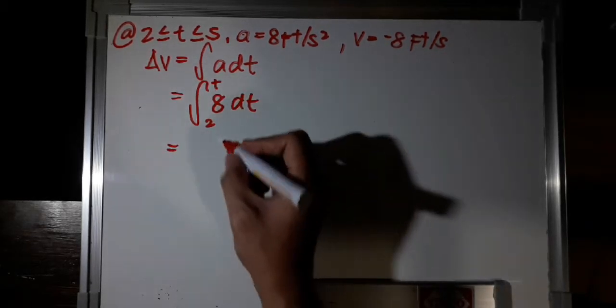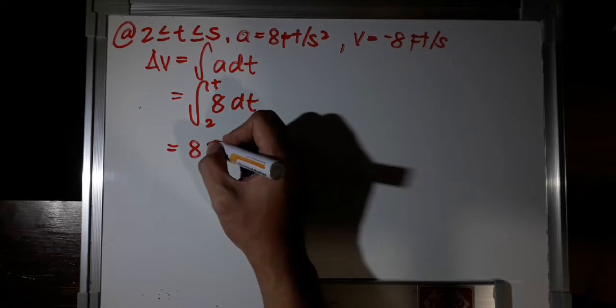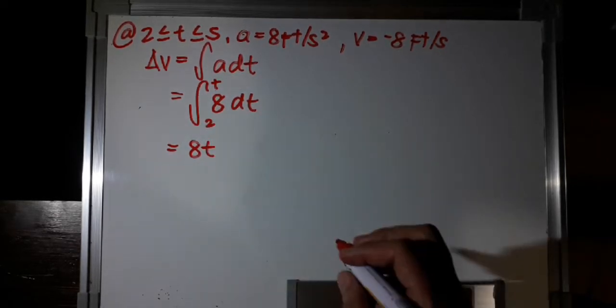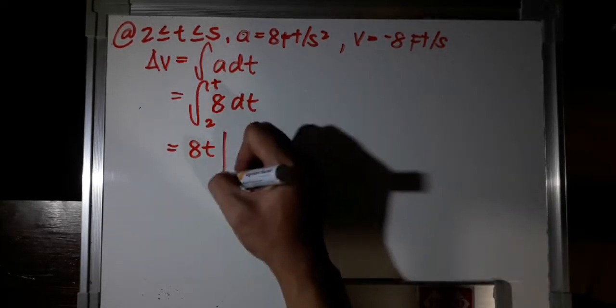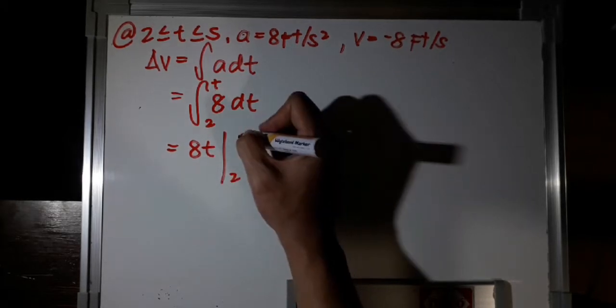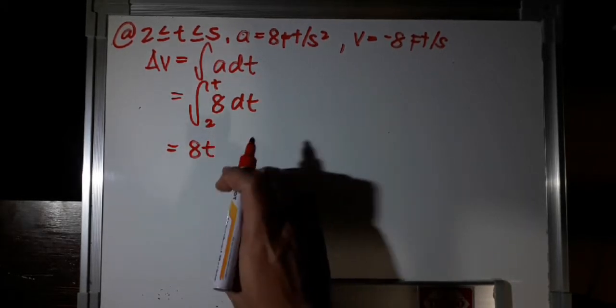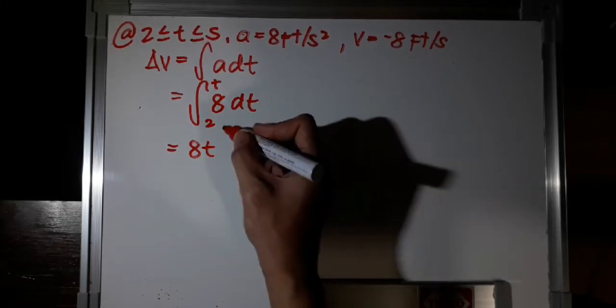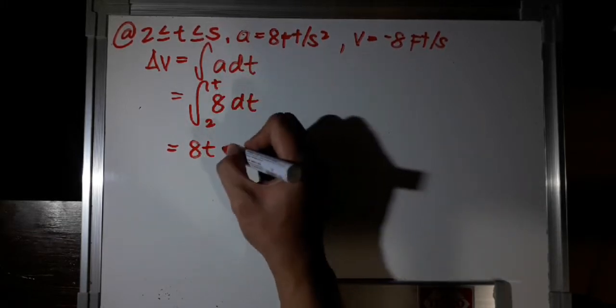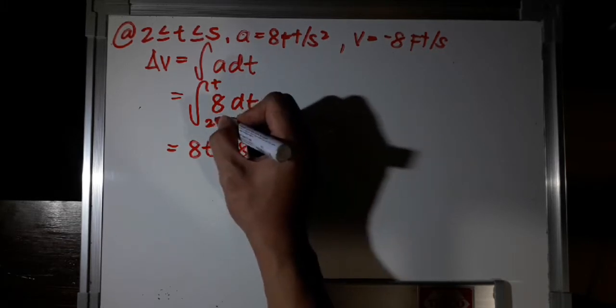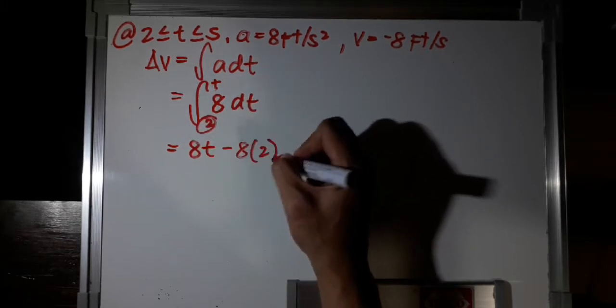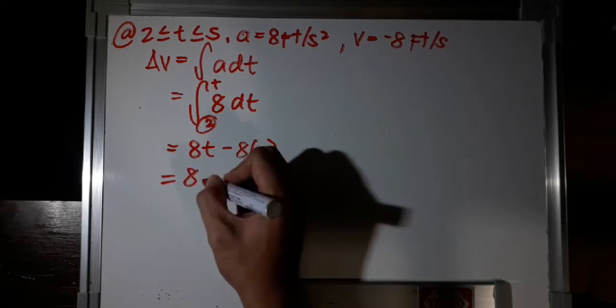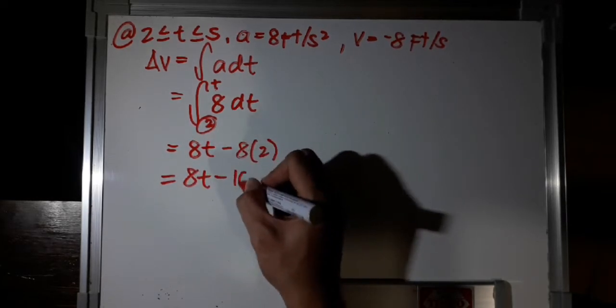So integrating, we have 8t limited from 2, so that is 8t minus the limit, 2 multiplied by 8, so 8t minus 16.